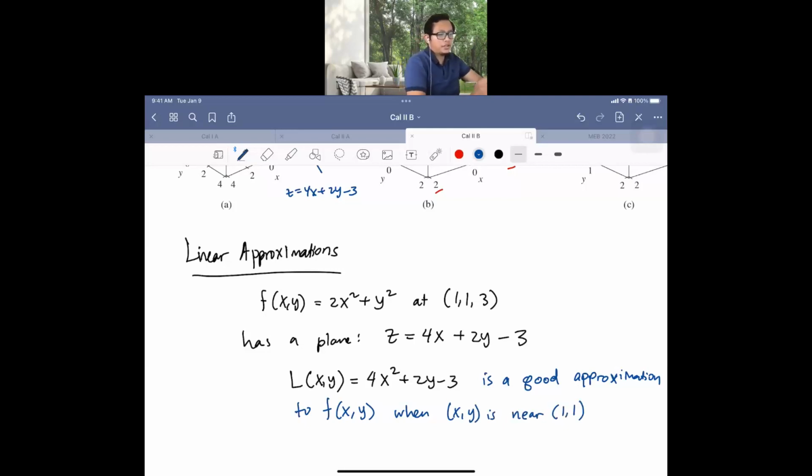And similarly, we call this L the linearization of f.